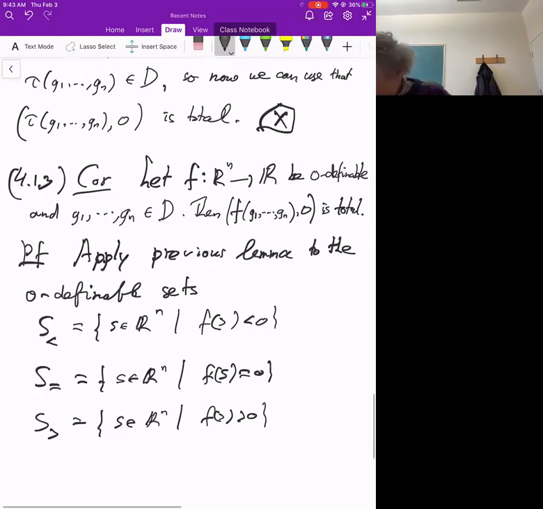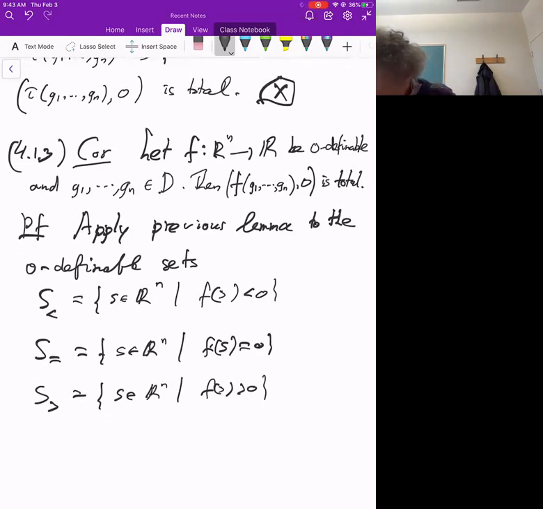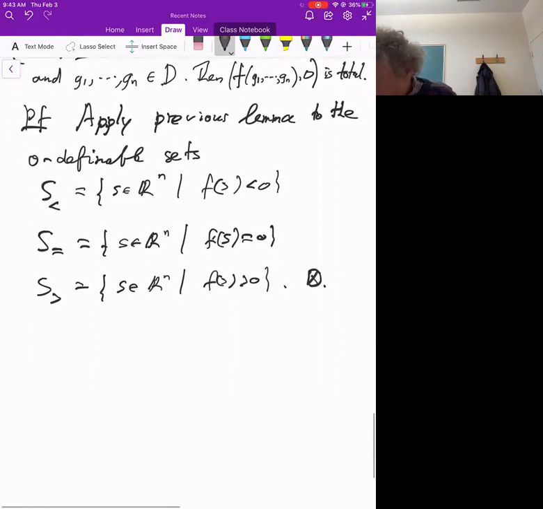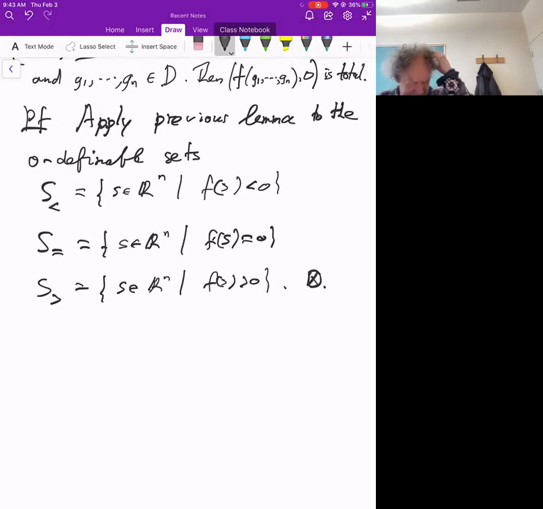Okay, now we can do the analog of the real closure of a Hausdorff field. First let me define what I mean by the T-closure. So this is the analog of the real closure of a Hausdorff field.